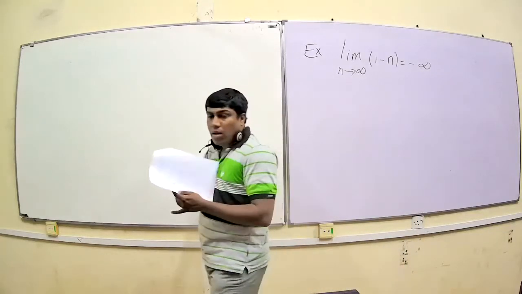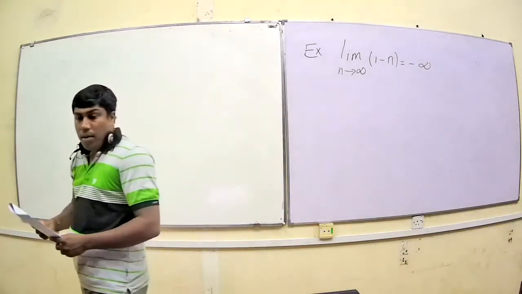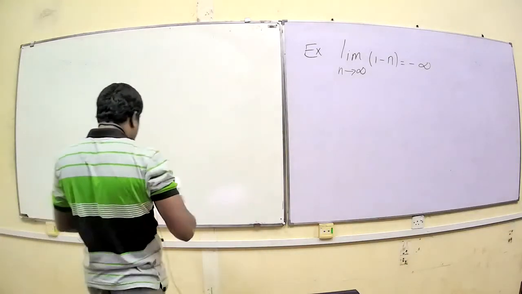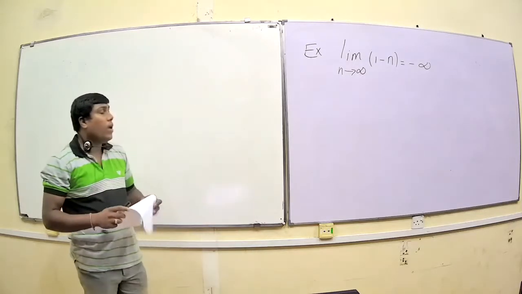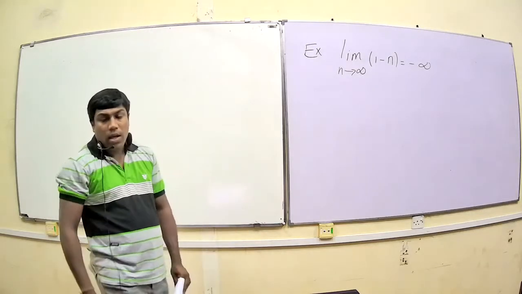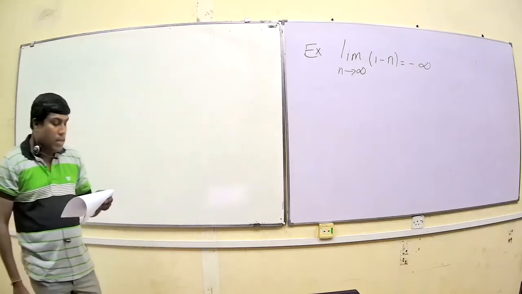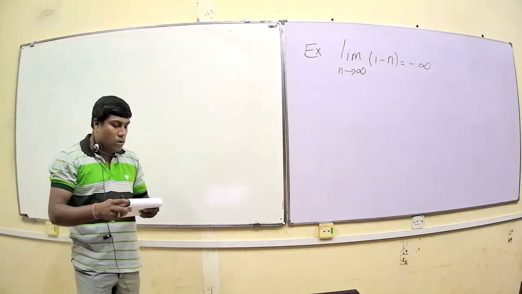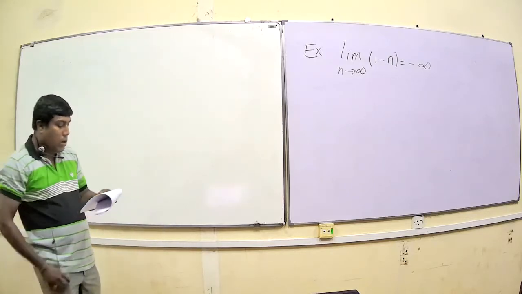Right, so this question is about a limit. The limit of 1 minus n when n goes to infinity is equal to minus infinity, right? So we want to show that.